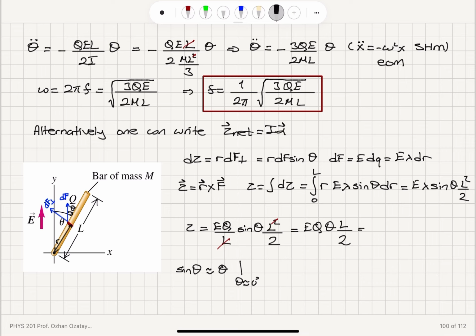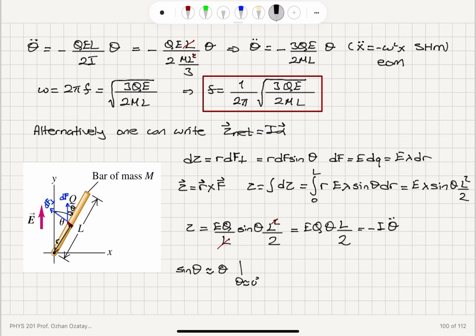Now, is this torque going to increase the angle or decrease the angle? You can see that it acts to decrease the angle. This is basically trying to come closer to the y-axis. So therefore, this is minus I alpha, which is minus I theta double dot.